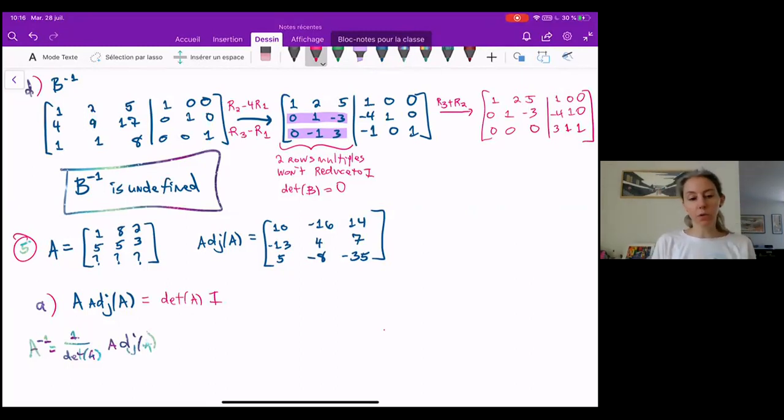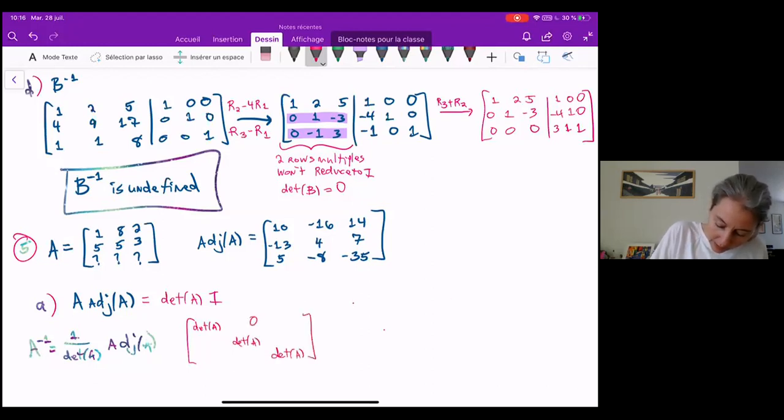So I know that when I multiply A times the adjoint of A, I should end up with this. In other words, I should end up with a matrix that has the determinant times the diagonal and 0 everywhere else, which means I only need to find the first number when I'm doing the multiplication.